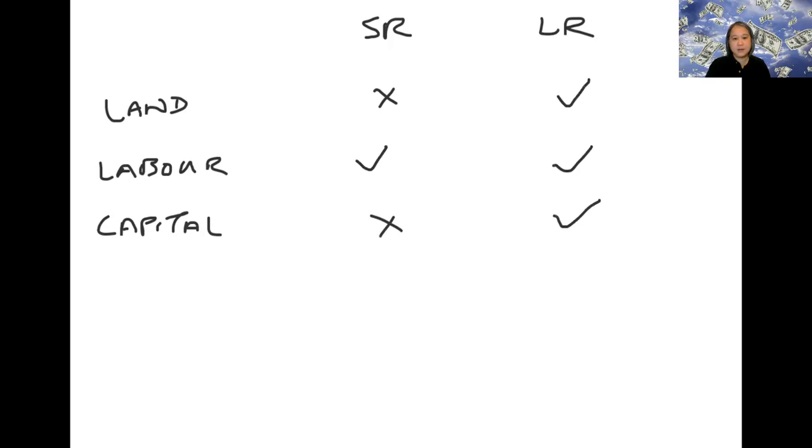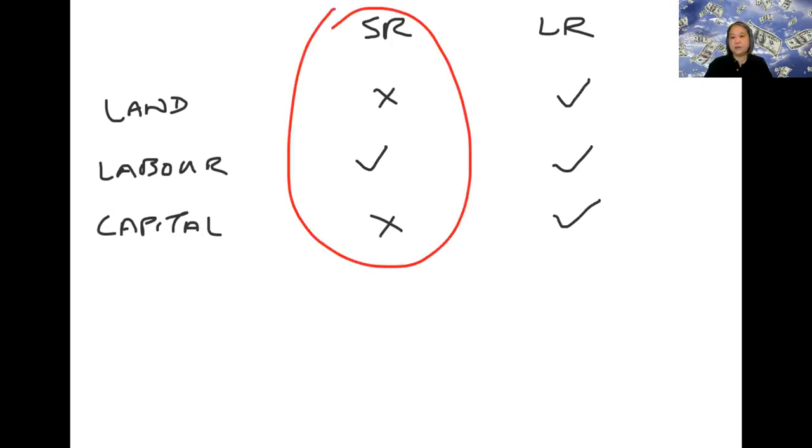Okay? Now, if we are working in the short run scenario, which is right here, then there's going to be a certain impact in terms of average costs. So if we think about the short run, let's say you're a business owner, and let's say once again you own a little coffee shop, and your coffee is very popular.